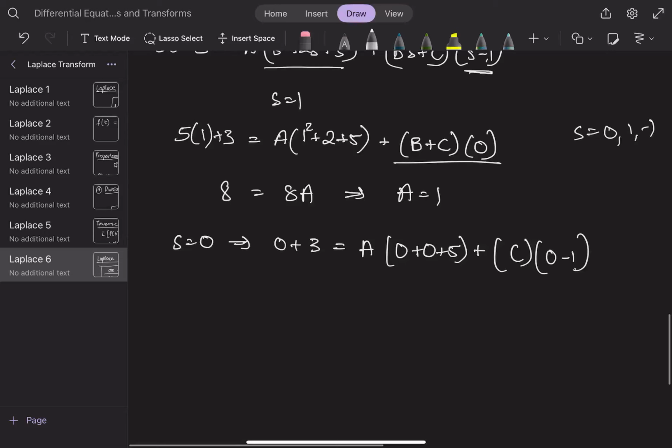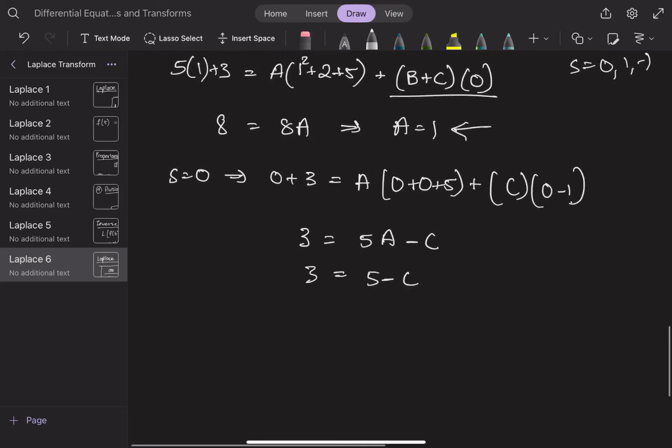So you get 3 is equal to 5a minus c. Now we already know the value of a, so you can write this as 5 minus c. So c becomes 5 minus 3. So the value of c is 2.